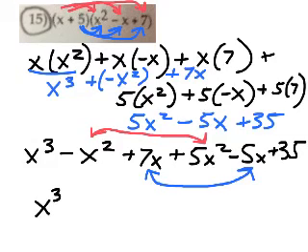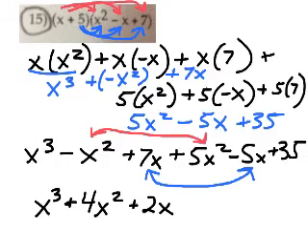Negative x squared plus 5x squared would be 4x squared. Positive 7x combined with a negative 5x gives us 2x, and then we just keep our 35. There's our answer: x cubed plus 4x squared plus 2x plus 35.